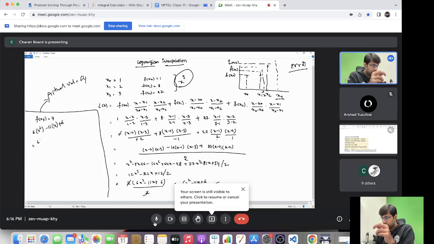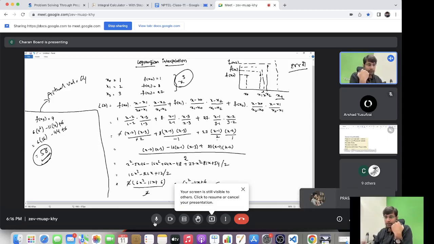So 6 into 16 minus 44 plus 6, it is around 58. So this is the equation that we got from the interpolation of Lagrangian equation. This is the output that we got, and the actual output is 64. So you will get some error, but this is the closest approximation that you can say.